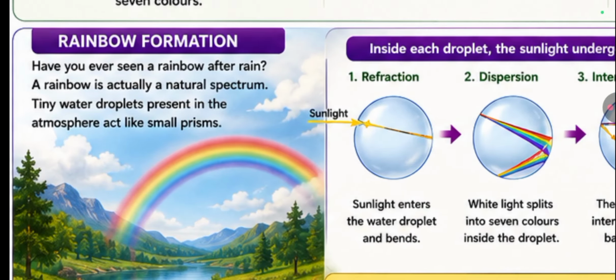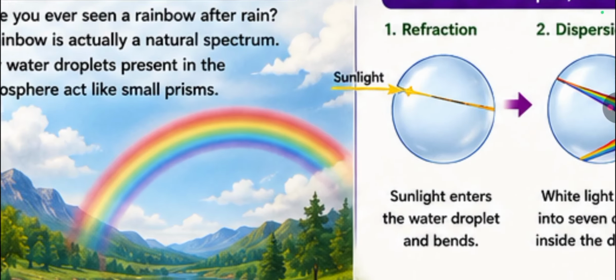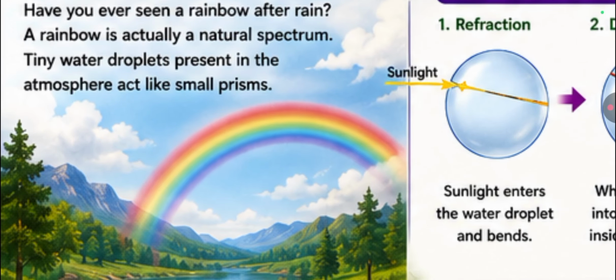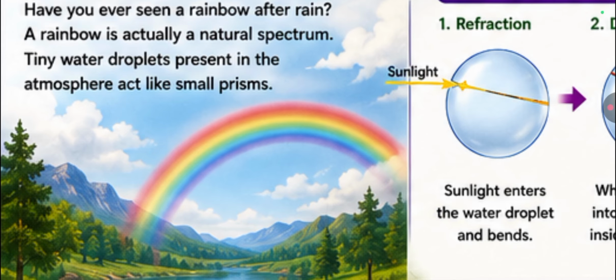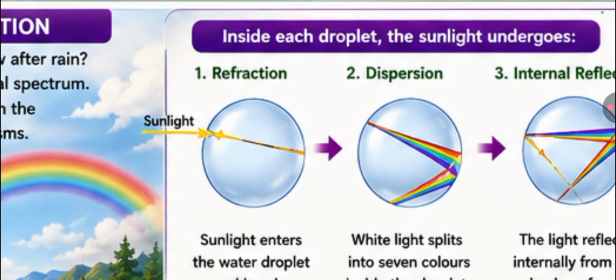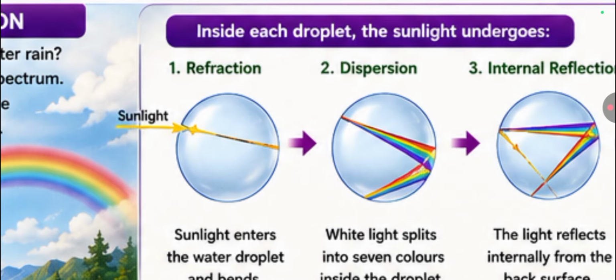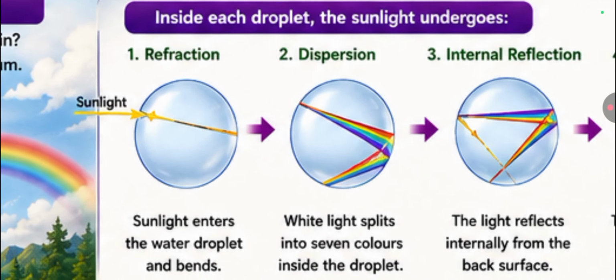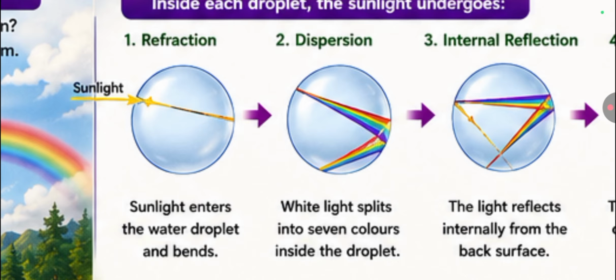Now we have to see how a rainbow is formed. Have you ever seen a rainbow after rain? A rainbow is actually a natural spectrum. Tiny water droplets present in the atmosphere act like small prisms. Inside each droplet, the sunlight undergoes the following. First, sunlight comes to the water droplet, and in that droplet, refraction happens.